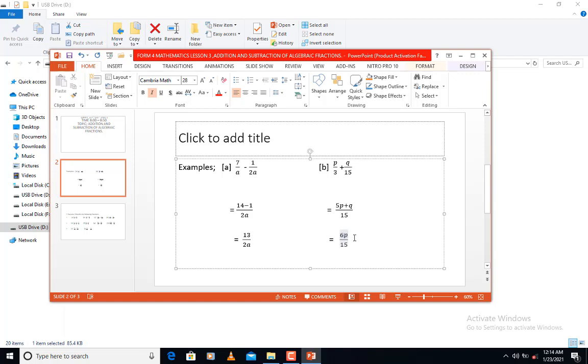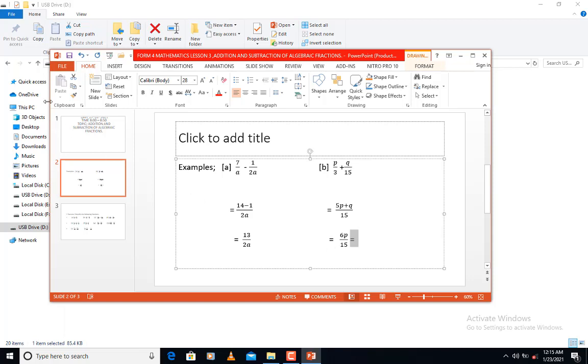If you reduce it to its simplest form, your answer is going to be 2P over 5. The common number there is 3: 3 into 6 is 2, 3 into 15 is 5. So it means 2P over 5. That is going to be your final answer.